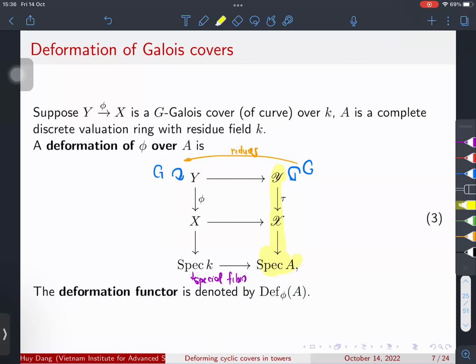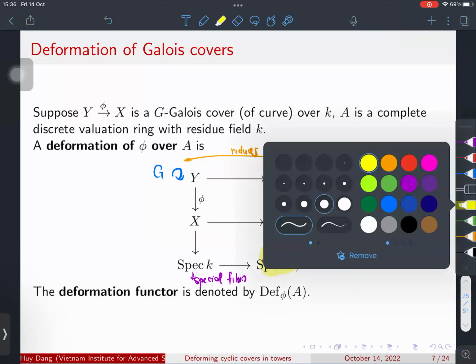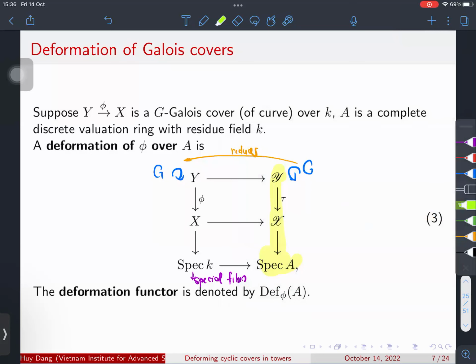Yes. So the action of G on curly Y, is it automatic or is it the assumption? The G action, yeah, so it's a G-Galois cover. Is that what you're asking? So you have the channel action on the left, and you say that the requirement is the group of Y that fixes X is isomorphic to G. So you have a G action here.